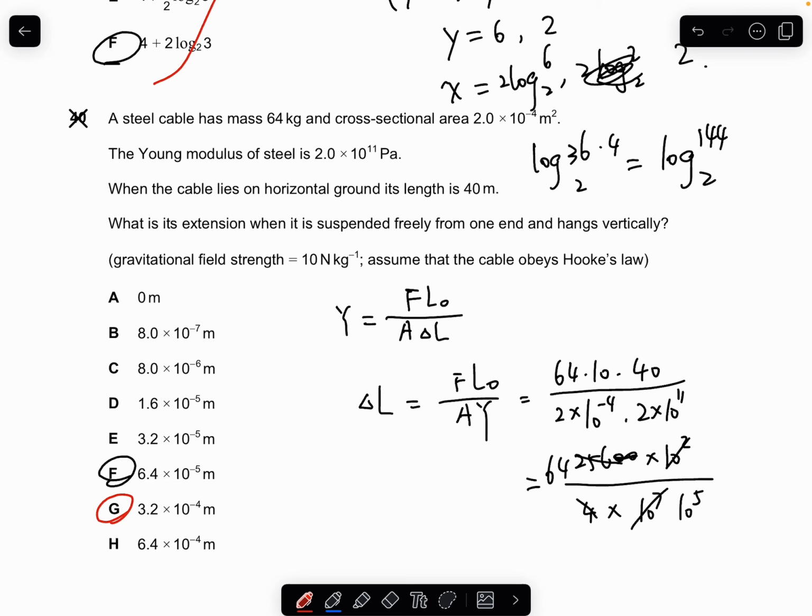Let me check for a little bit. Why have I been blocked?